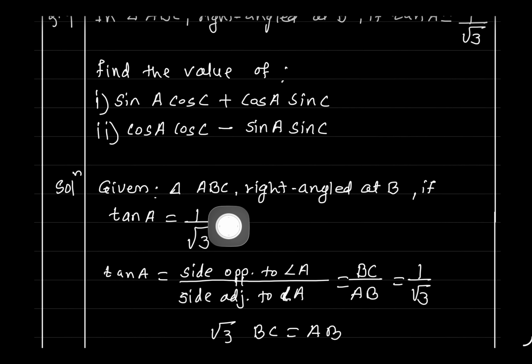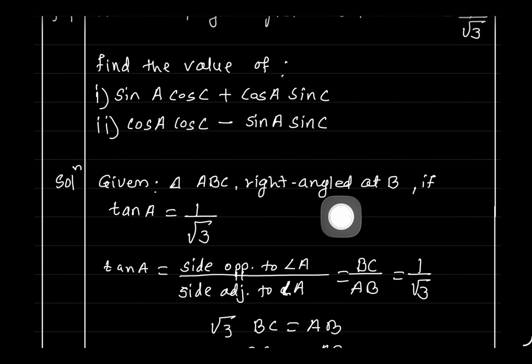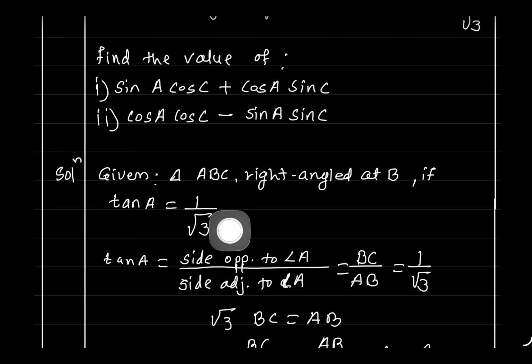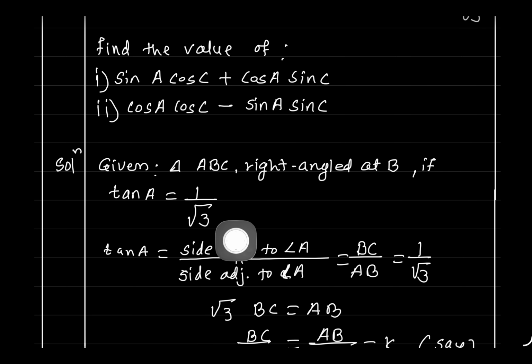Now here see, triangle ABC is a right angle triangle at B. So tan A equals 1 upon root 3.